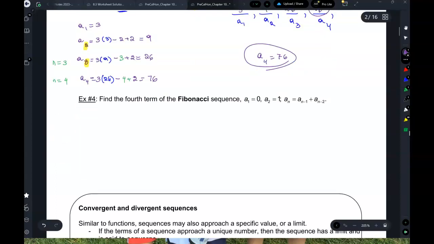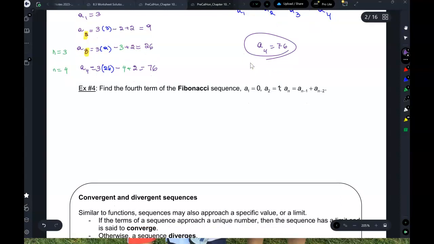Okay. So the Fibonacci sequence, have you guys heard of the Fibonacci sequence? Basically it's a sequence of numbers, and here's the formula for it. The first value is 0. The second value is 1.